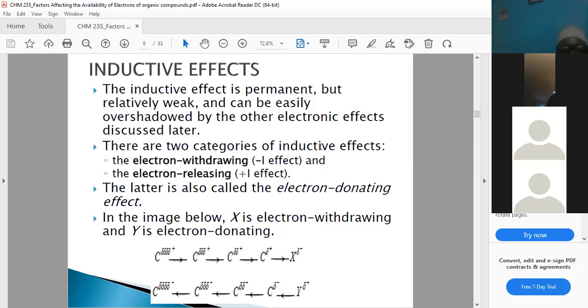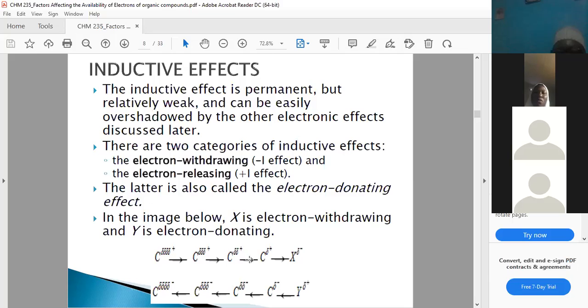One of such factors is inductive effect. Can we continue? Yes, sir. One of the factors that affect availability of electrons is inductive effects, and this is illustrated in this diagram.